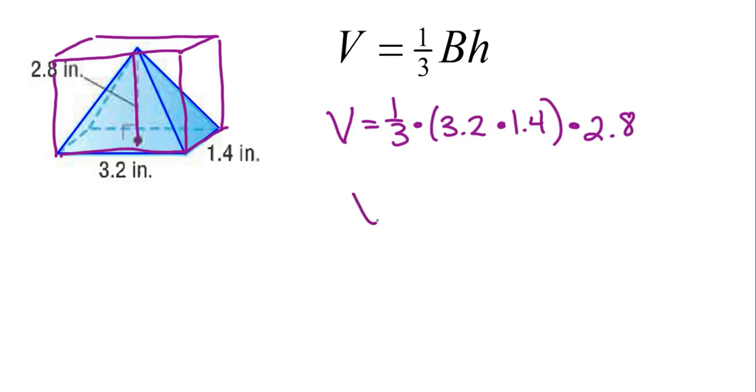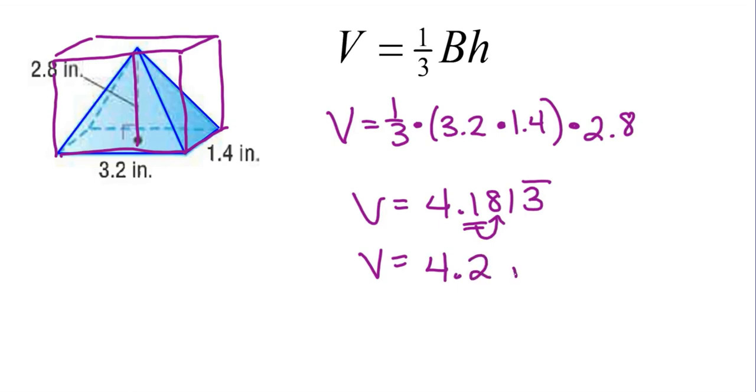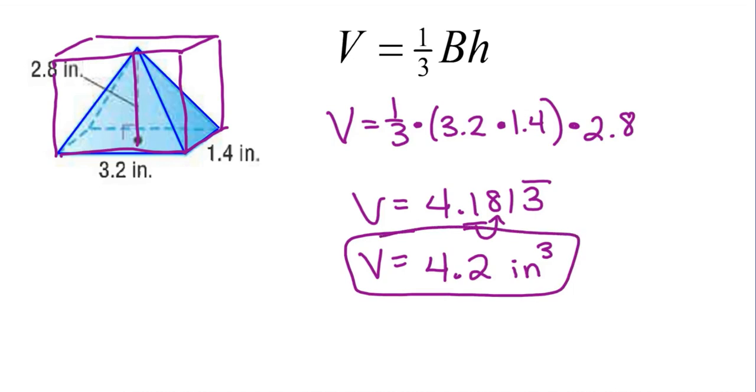And when you do that calculation, you get 4.1813 repeating. And we're going to round to the nearest tenth. So that's going to be approximately 4.2. Now remember, cubed, because we're talking about volume and the number of cubes that would fit inside this pyramid, 4.2 cubic inches.